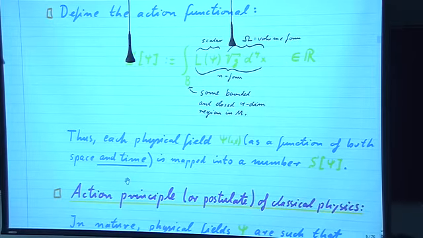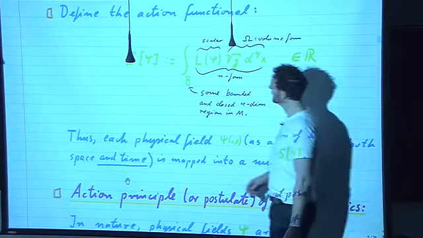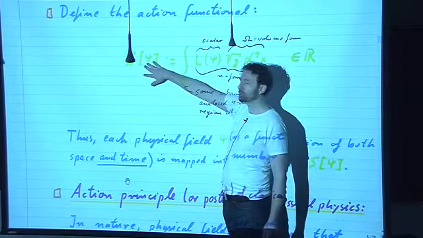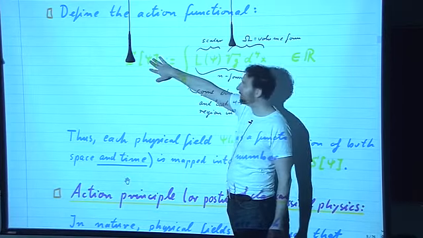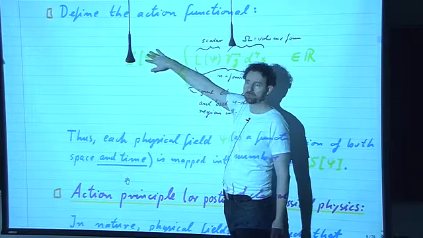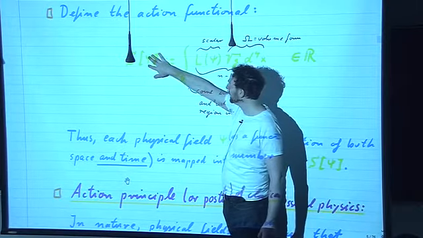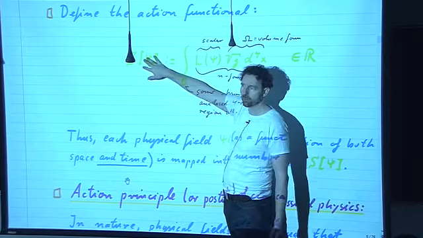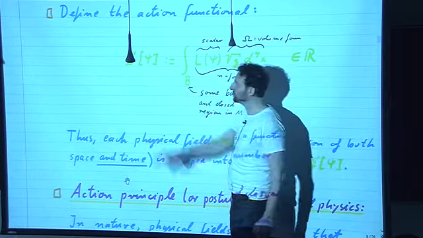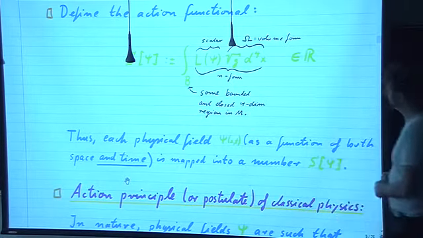What we have now is a so-called functional. A functional is a map which takes as input functions, in this case the fields over space and time, all of the various species of particles fields, and the output is a number. So remember, a functional takes as input functions, and as output it gives you just a plain number.